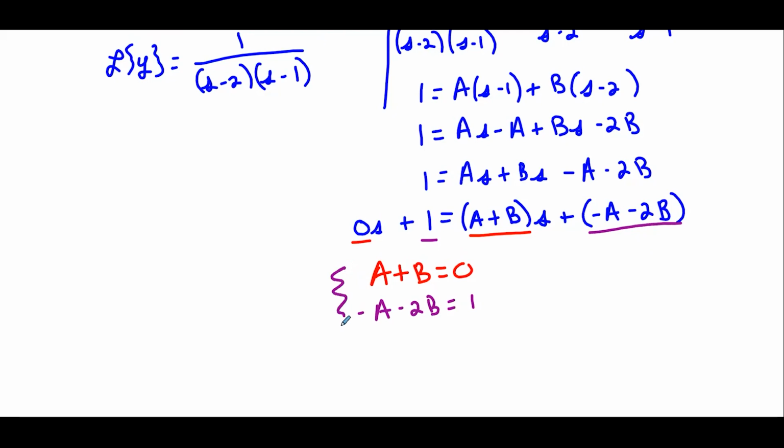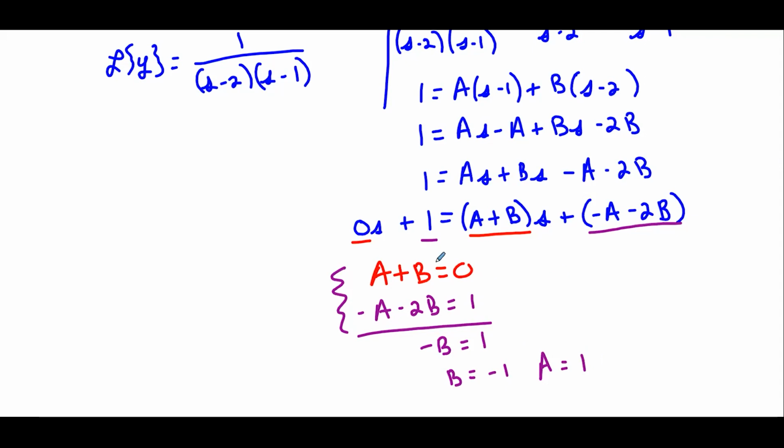So you're just going to solve this system for A and B. Looks like I can just straight up add these equations here. The A's are going to cancel out. Here I get negative B equals 1. So I know that B is equal to negative 1. And if I know that A plus B has to be equal to 0, that means that A has to be equal to positive 1, right?